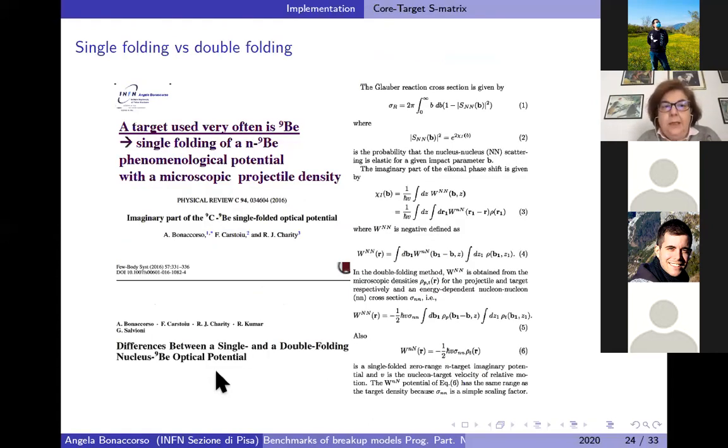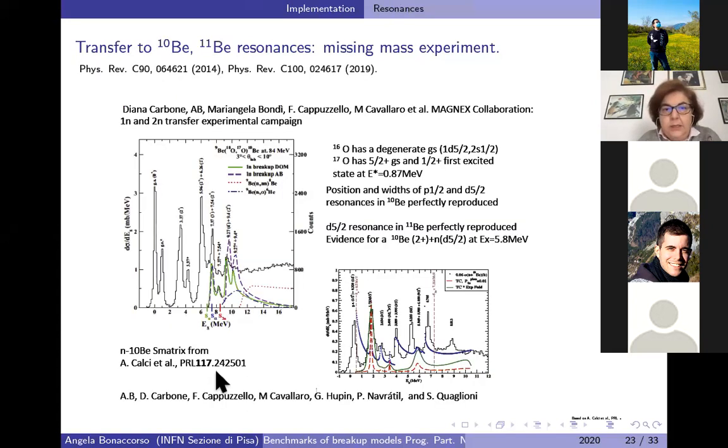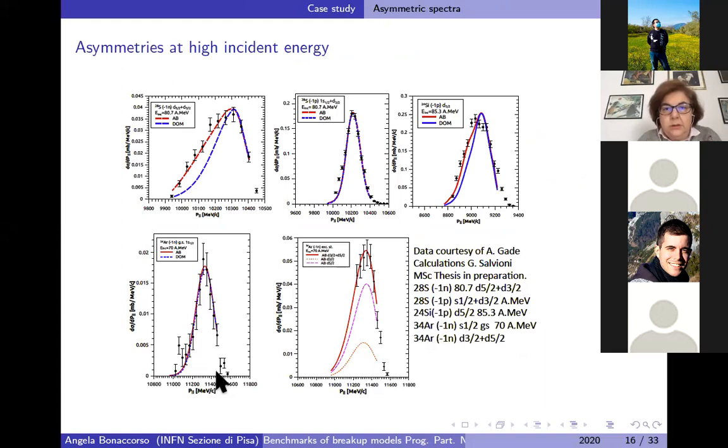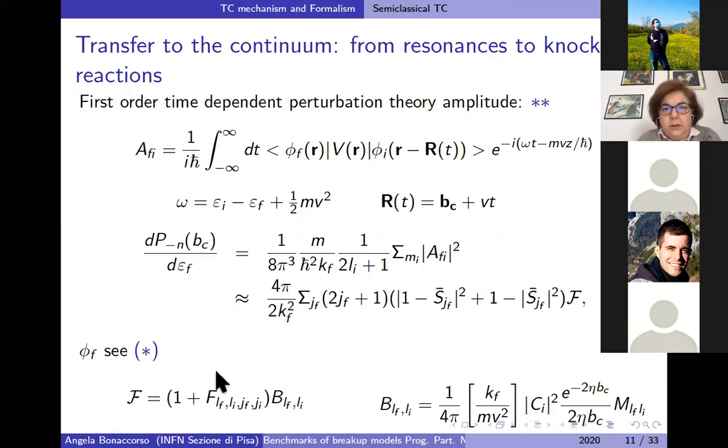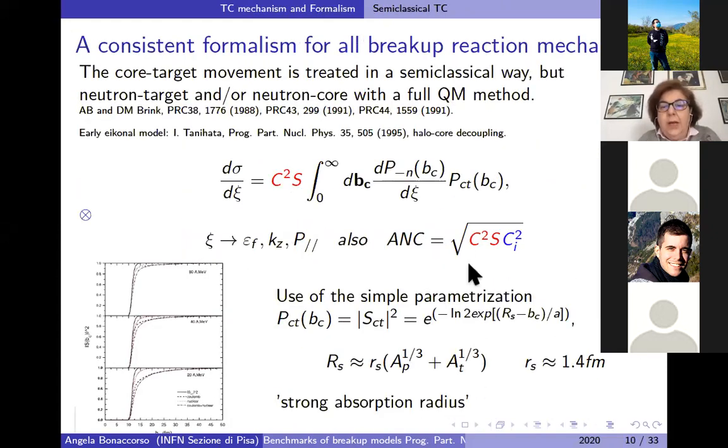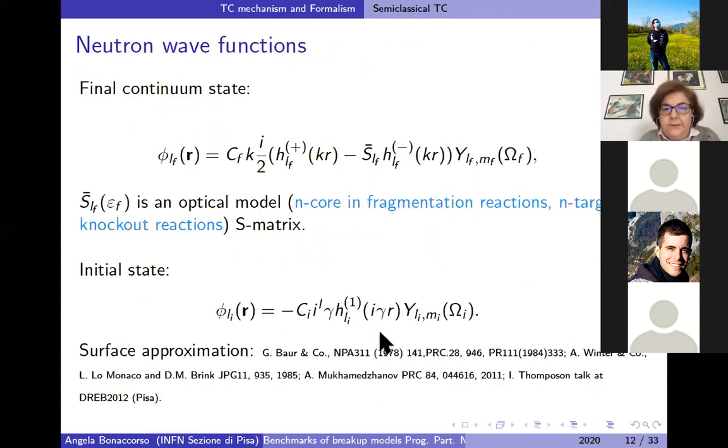And then the other part which one needs to discuss is to go back here: how accurate does the calculation of the core-target elastic scattering have to be? So this S modulus squared. Okay.